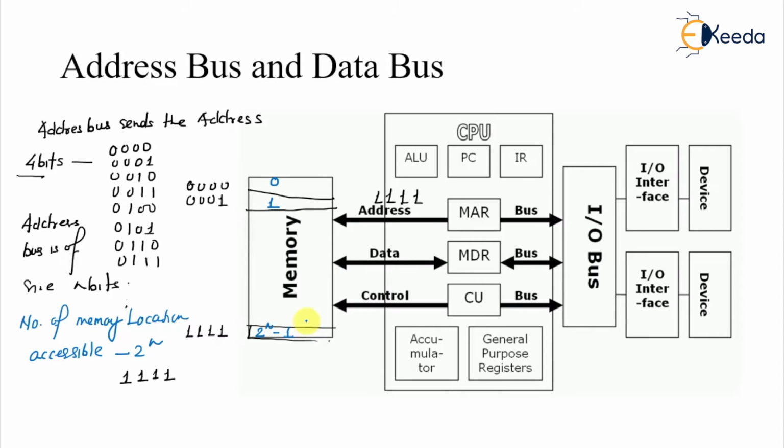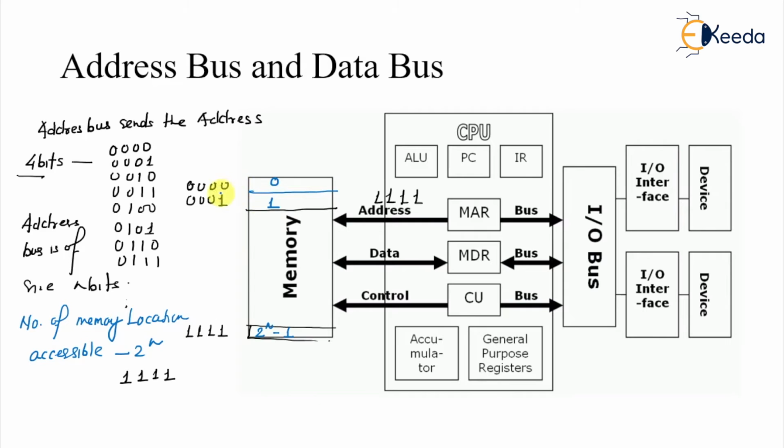Now the second entity here is the data bus. The data bus is concerned more with this part, that is, what is the size of this location.